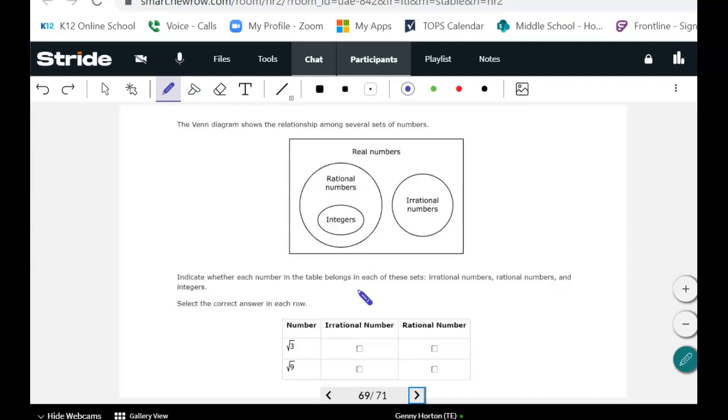Let me see. You're going to do second x squared 3. That one's going to be irrational because it goes on and on and on. Remember, those irrationals never end. So it's irrational. Square root of 9 is actually 3, so that is a rational number.